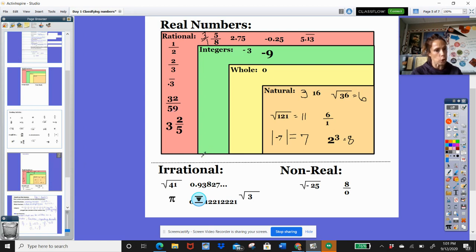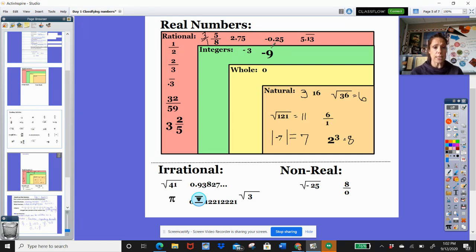It doesn't matter about order, but any fraction is going to be in the rational because it's a ratio. A repeating decimal is a ratio. This again is a fraction, it's a ratio. All of these, and even the negative decimal, you can think of as a negative 1/4. That's a ratio, and so is the repeating decimal.